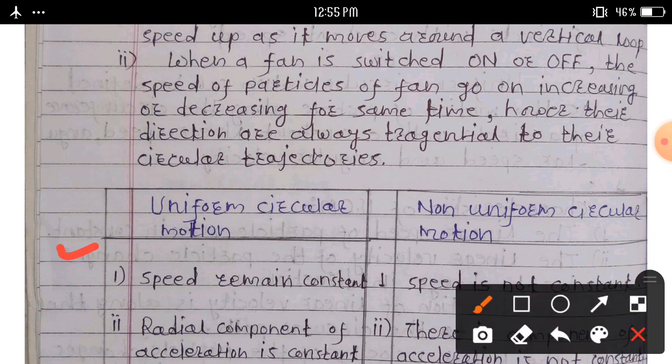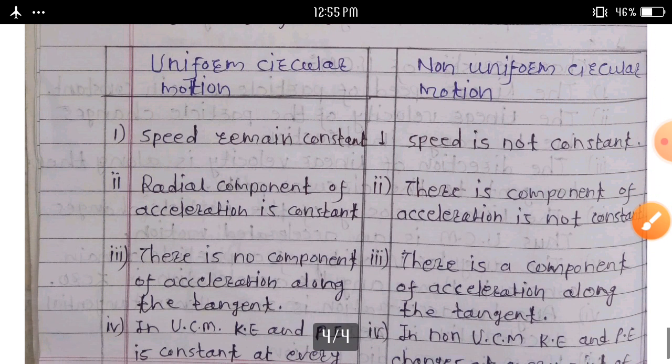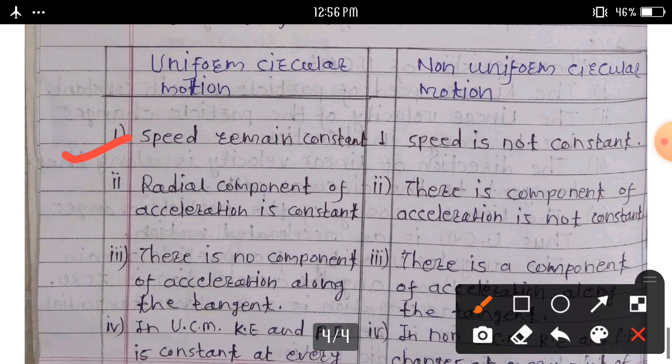In uniform circular motion, speed is constant, and in non-uniform circular motion, speed is not constant; it changes.